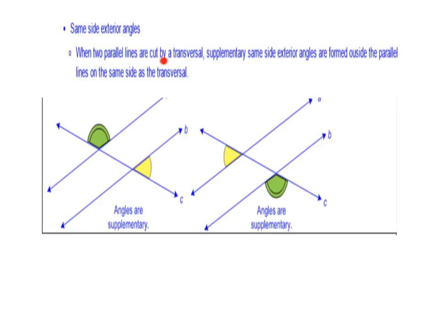When two parallel lines are cut by a transversal, same side exterior angles are supplementary, formed outside the parallel lines on the same side of the transversal. Parallel lines on the outside, and here, check this out. Outside, same side of the transversal, and these are supplementary.